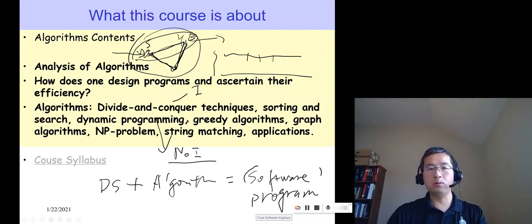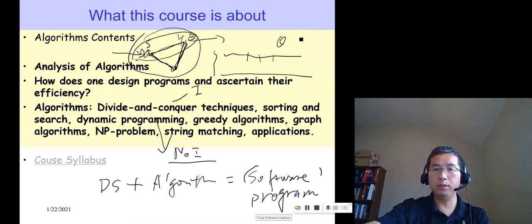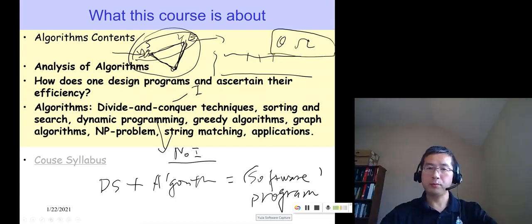So basically, the things we'll talk about are an introduction, of course, and then how to do the analysis. We talk about asymptotic notation, how to do the analysis, which includes maybe theta, omega. Later we'll explain this as well. That means what is the complexity class of your algorithm?